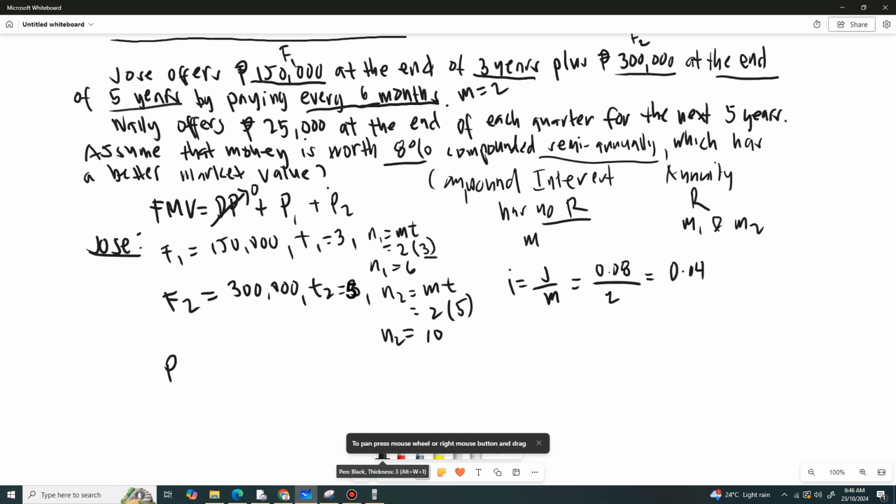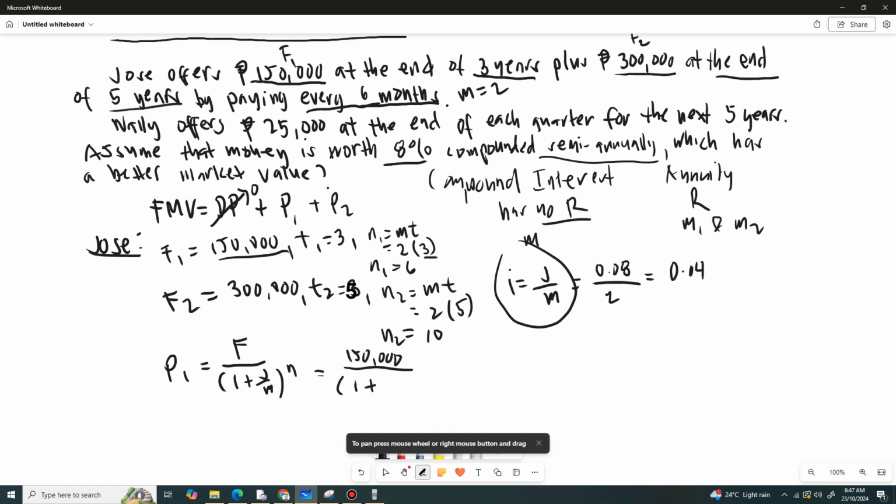So P1 formula for compound interest is P is equal to F over 1 plus J over M raised to N, which is M times T. Okay? So F first is 150,000 divided by 1 plus yung J over M natin, which is I, is 0.04.